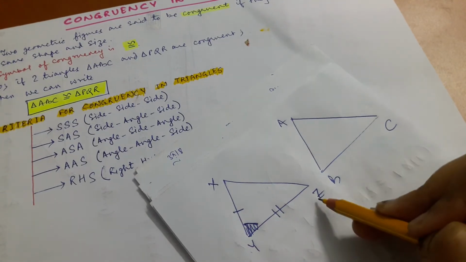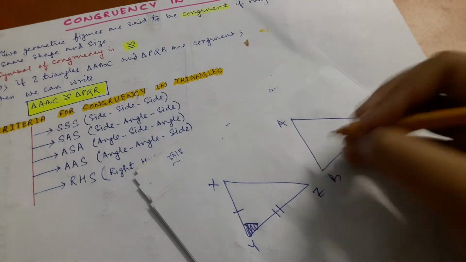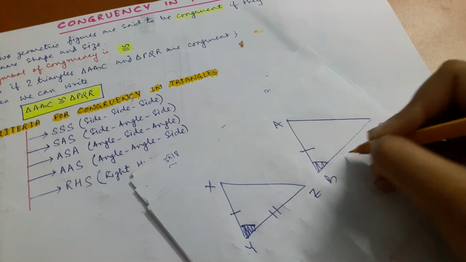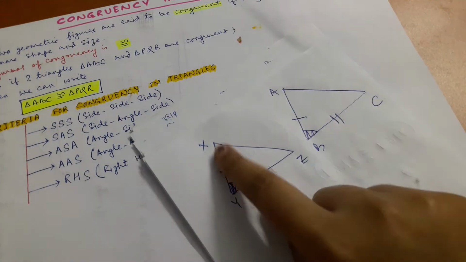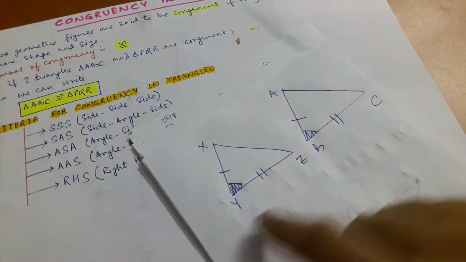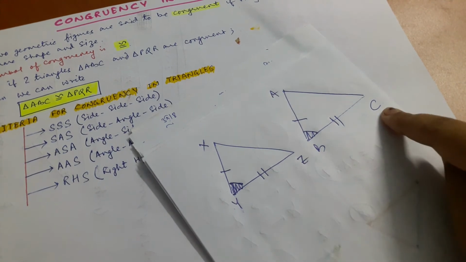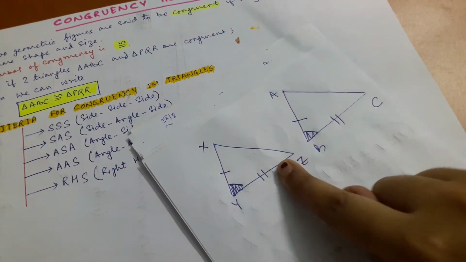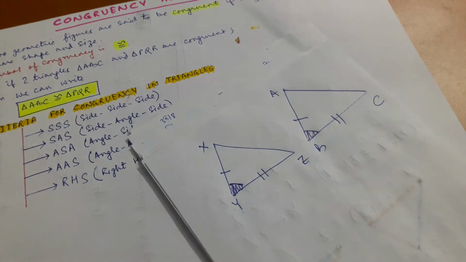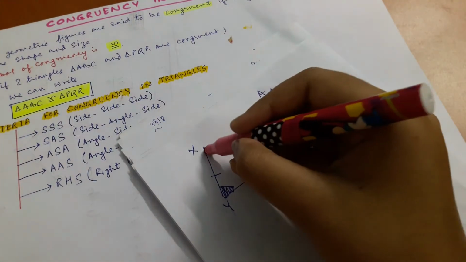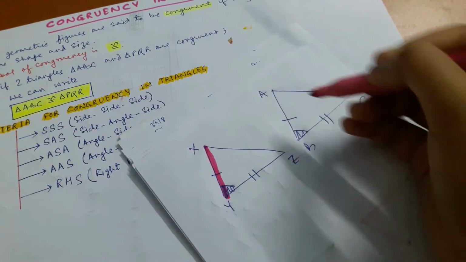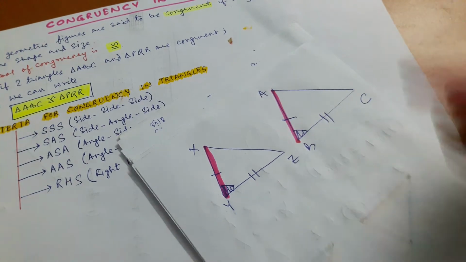So for XYZ to be congruent to triangle ABC, XY has to be equal to AB, YZ has to be equal to BC, and angle XYZ has to be equal to angle ABC. That means this side is correspondingly equal to this side.